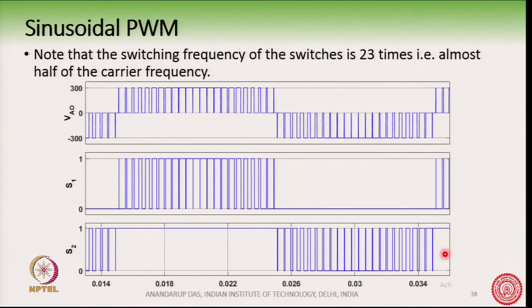Now, suppose we have a very high modulation index, which is most likely to happen most of the time, and the current is close to unity power factor. Say the power factor is like 0.9 lagging, then the current will be here somewhere, whereas the fundamental component of the voltage is probably here somewhere.